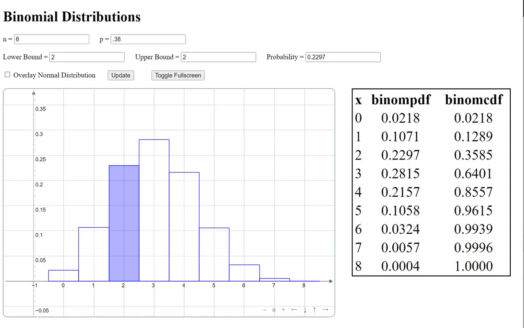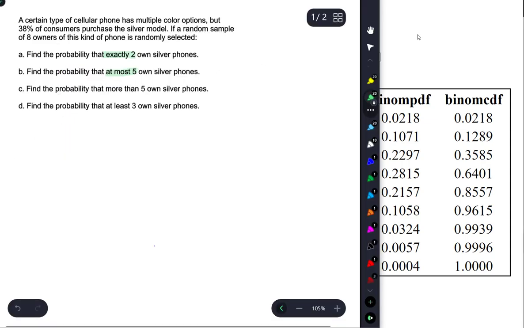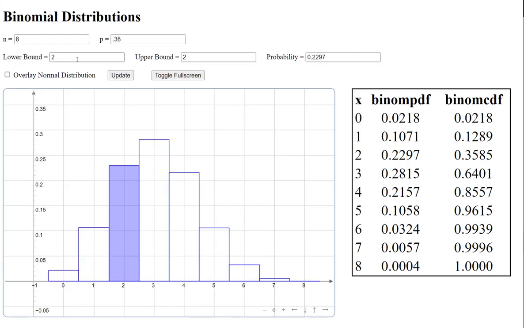At most 5 wouldn't be any larger than 5, so it starts at 0, and the question is, do I stop at 4 or 5? If it's at most 5, that includes 5, so let's shade that part of the table. These are the probabilities that I want to add together.